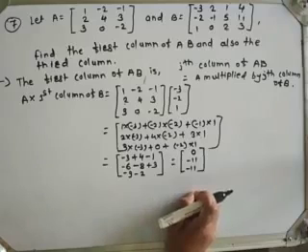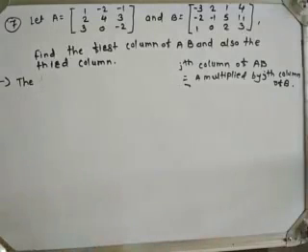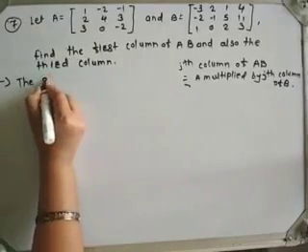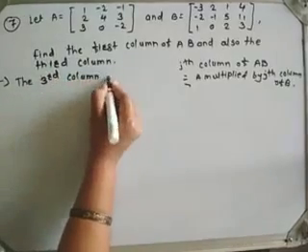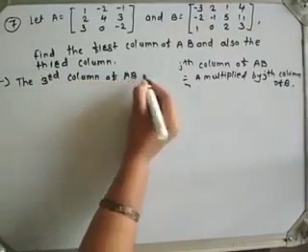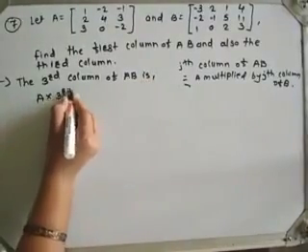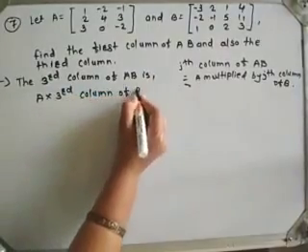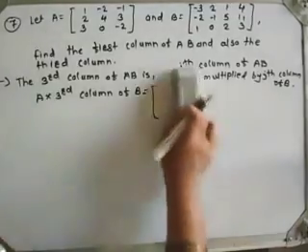Similarly, we can calculate the third column of AB. Let us calculate the third column of AB. The third column of AB is A into the third column of B, which is equal to, what is matrix A?